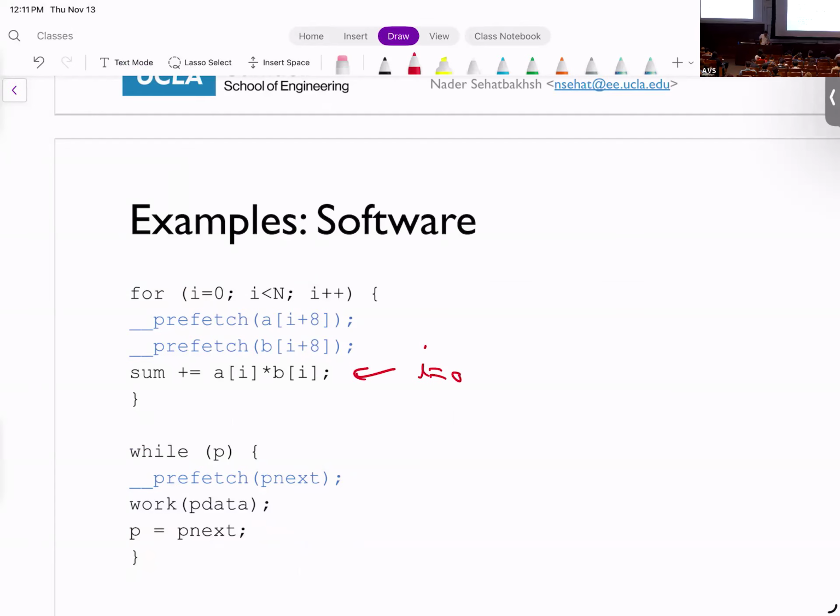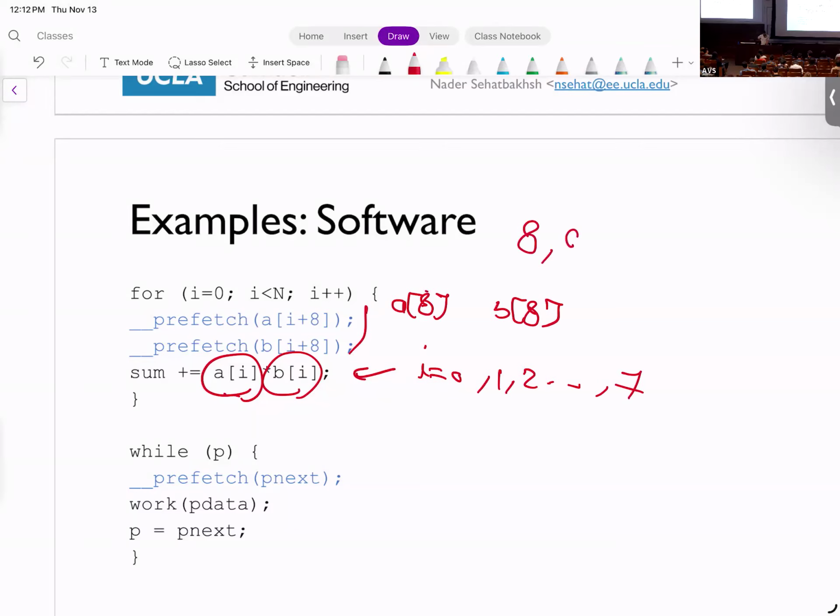But what we can do is, if the next one that we're going to prefetch is the next 8 blocks, we can also say, when I'm reading A0 and B0, please also bring A8 and B8. The reason these are 8s is because we have blocking. So when we are bringing 0, we also bring in 1, 2, all the way to 7. And when we are prefetching 8, we are prefetching 8, 9, all the way to 15, okay?